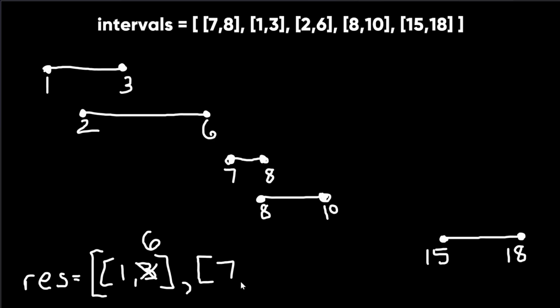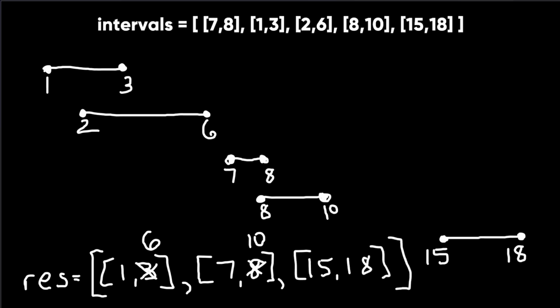There's no overlap there, so we just add it to the res. Now we get to 8, 10, and we see that there is an overlap here. So we update the res, and that becomes a 10 instead of an 8. And finally, we get to 15, 18, no overlaps, so we just add that to our result.